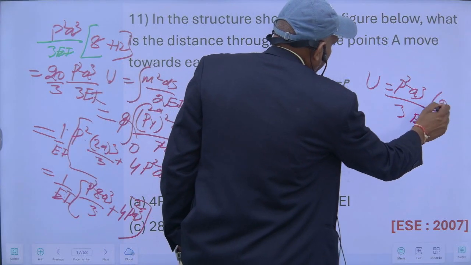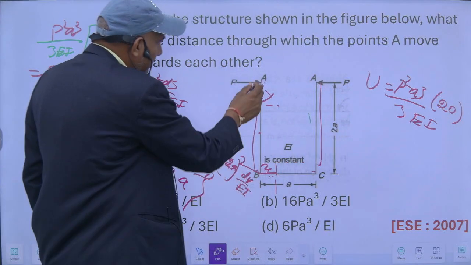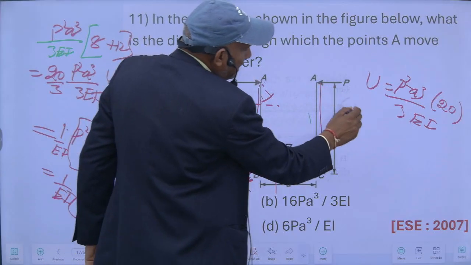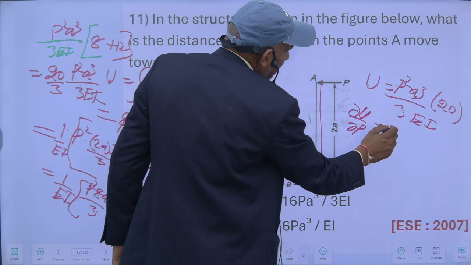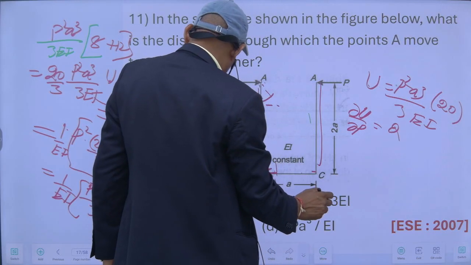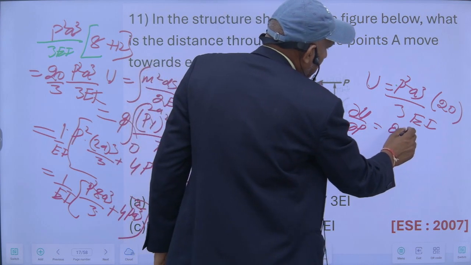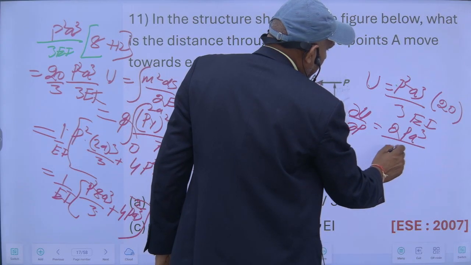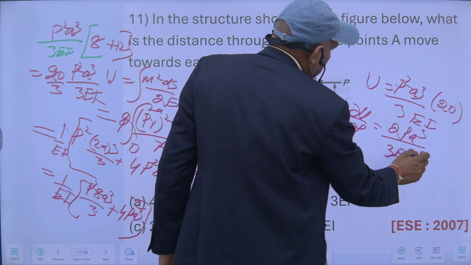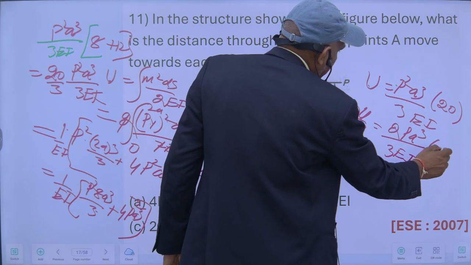And deflection at this point will be equal to partial derivative of this with respect to P. So this will be 2P a cube upon 3 EI into this 20.